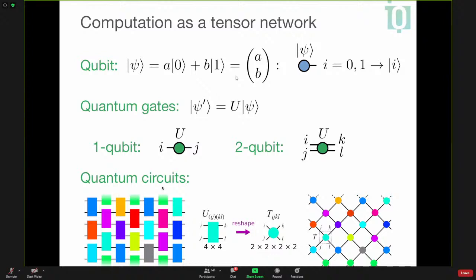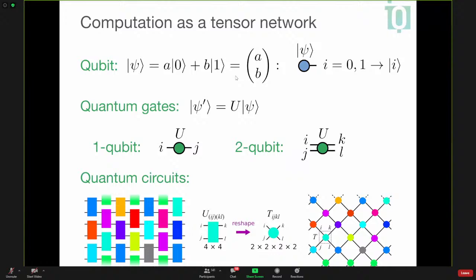I could put, say, a projector somewhere to say whatever happens, this qubit after this point is going to be projected to the state zero. So the physical meaning of contraction is generic evolution in some spacetime, right? In more particular cases where you follow some physical process, then you can tie it directly to some physics, but it doesn't need to be so.